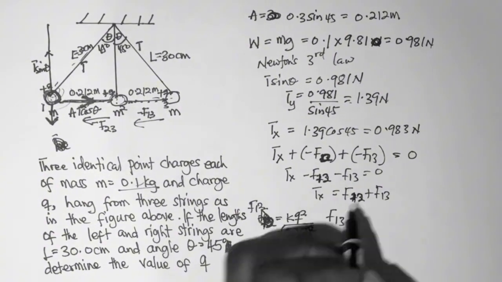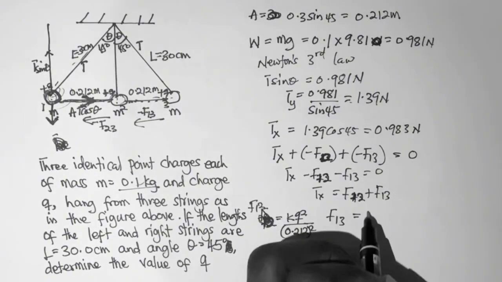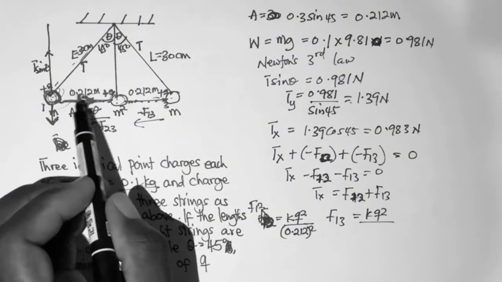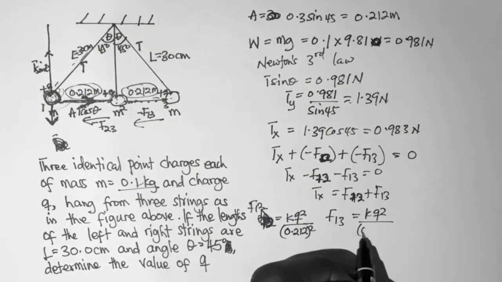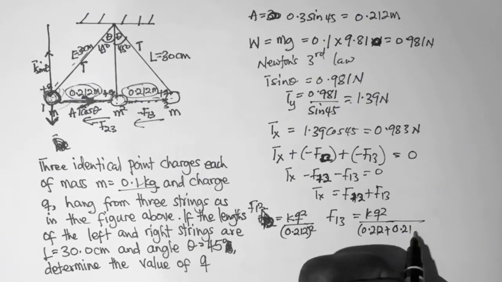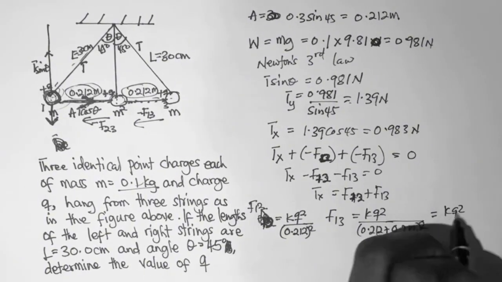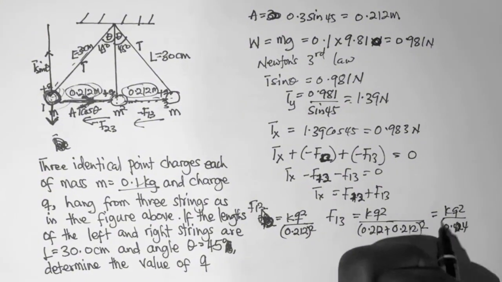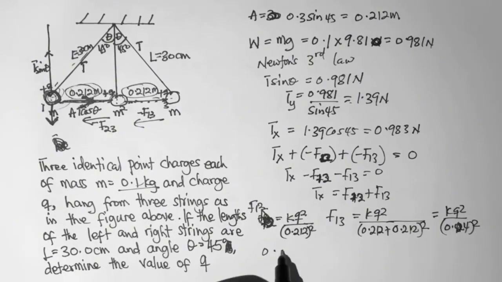Now let's talk about F13. F13 is the same thing: KQ squared divided by a distance that will change, because it's going to be this distance plus this distance, so 0.212 plus 0.212, squared. That's going to give us KQ squared divided by 0.424 squared.